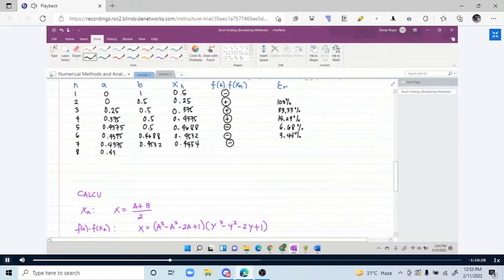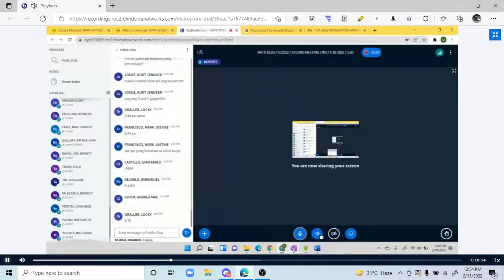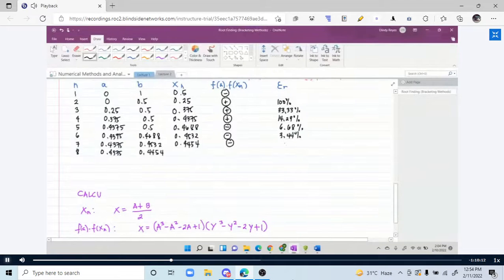We're almost there. We keep A as 0.4375 and B will now be 0.4454. What is this equal to? Relative error in the seventh iteration is 1.75. Okay, we are almost there.